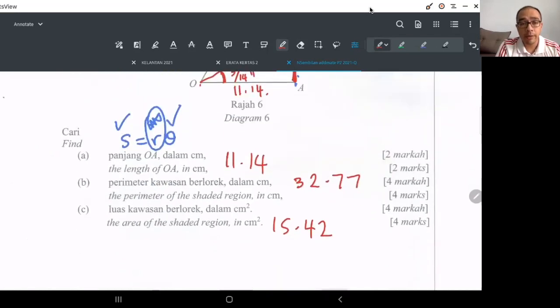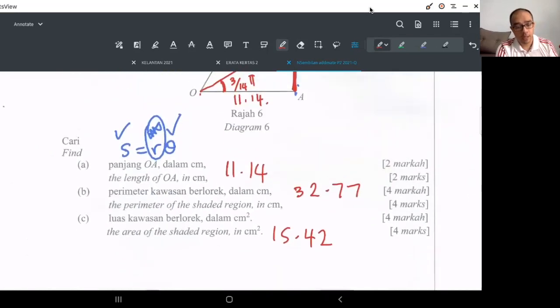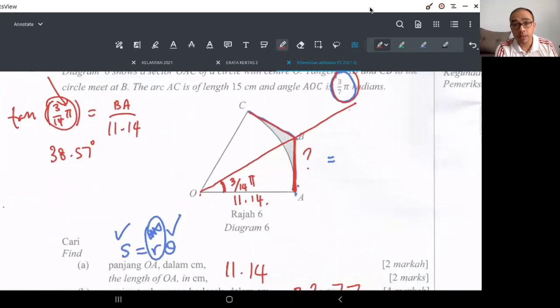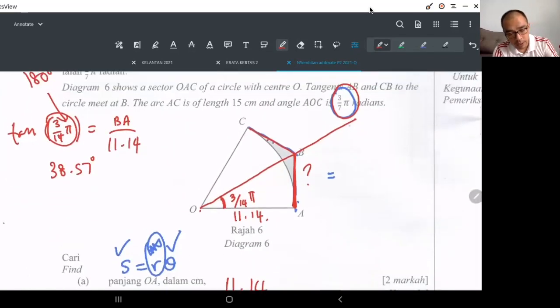Last one, the area of the shaded region. The same principle applies. If you calculate this area, you also calculate this area already, so you don't need to think very hard.